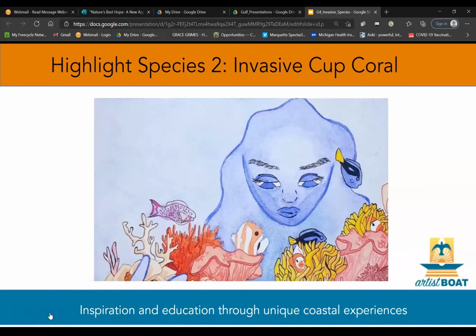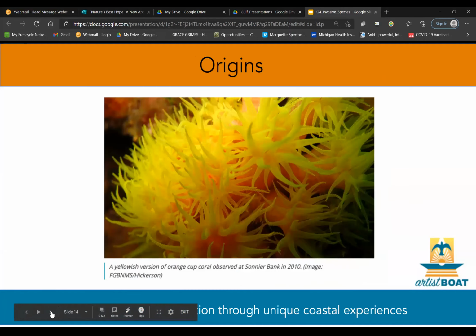The second species that we're going to be honing in on is the invasive orange cup coral. So orange cup coral is a hard coral species from the Indo-Pacific that has established itself throughout the tropical Western Atlantic. So this includes the Caribbean and the Gulf of Mexico.